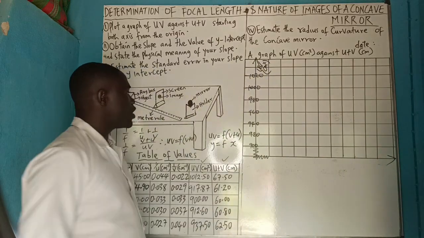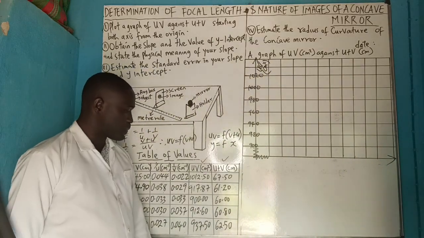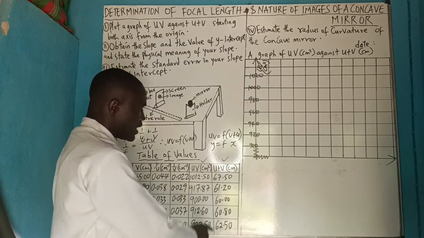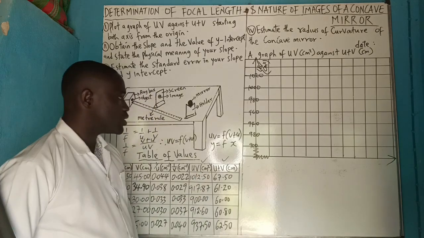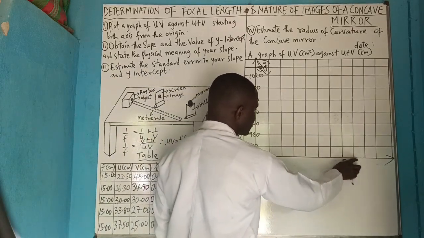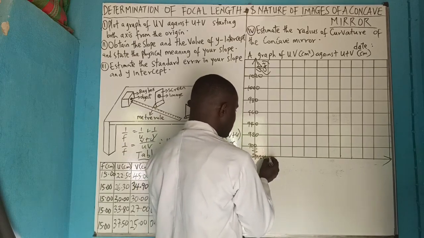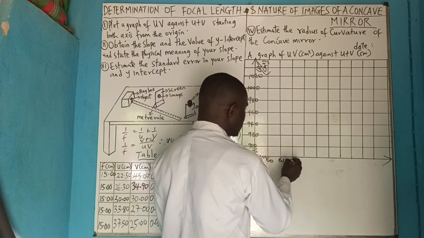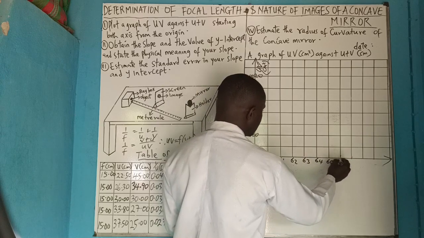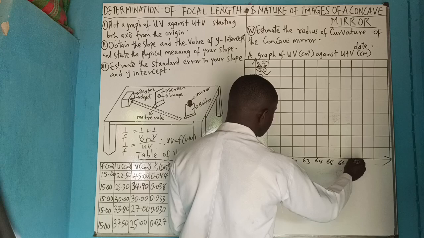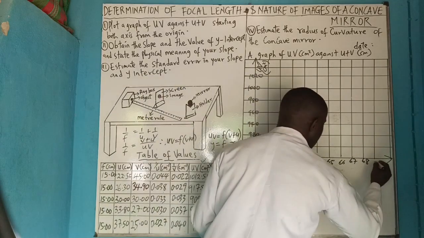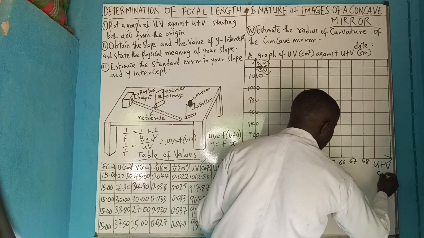We'll go to the other one, u plus v. To get the u plus v, the least is 60 and the highest is 67. So if we say here is 60, 61, 62, 63, 64, 65, 66, 67, 68, we can go by that. We say here is u plus v, the unit is in cm.